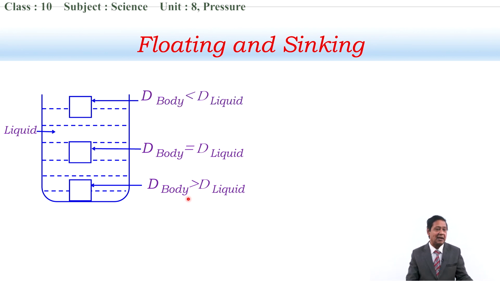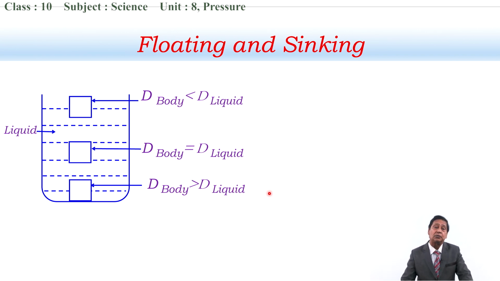Can you give an example of this? At least we can give examples of floating and sinking. If a piece of stone or a piece of iron is placed in water, certainly it sinks in water, isn't it? But a wooden piece floats on water like this. And there are certain materials which remain as suspension in the liquid. These are the reasons behind flotation, sinking and suspension of a body in a liquid.